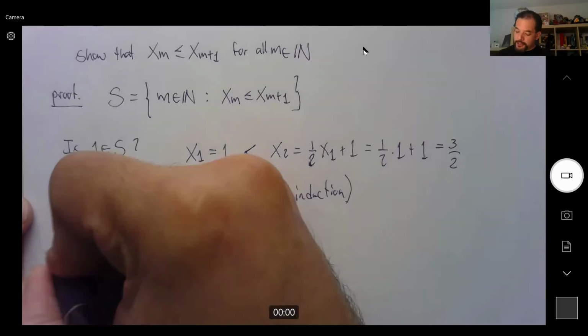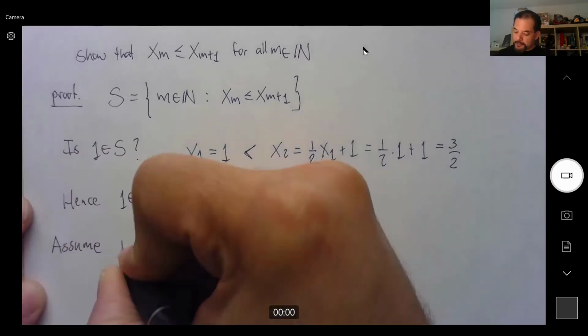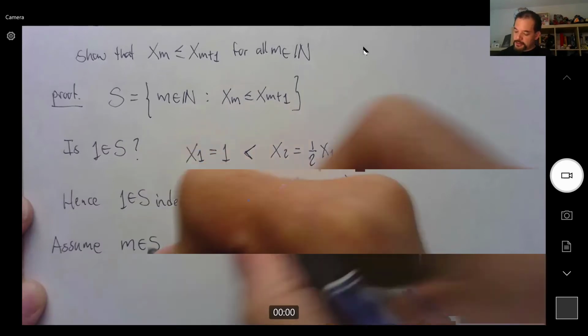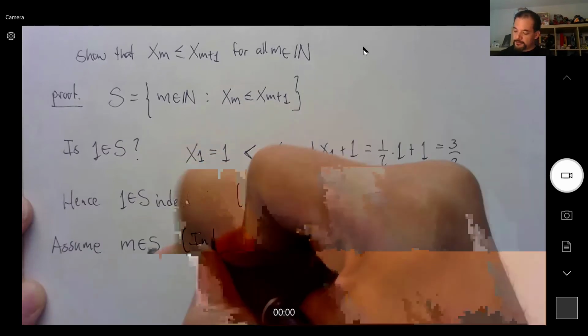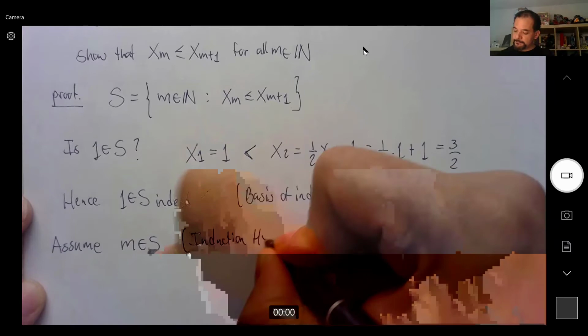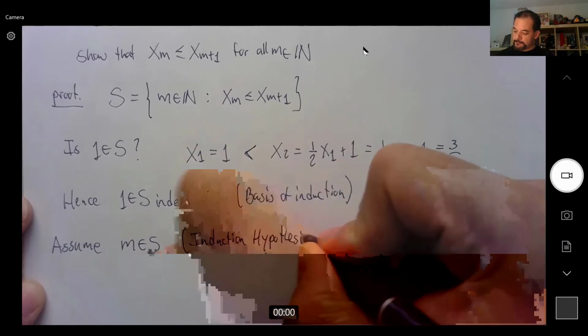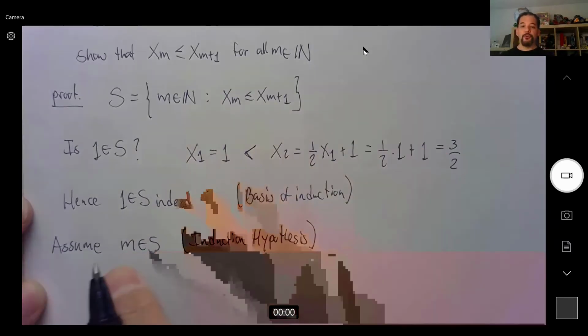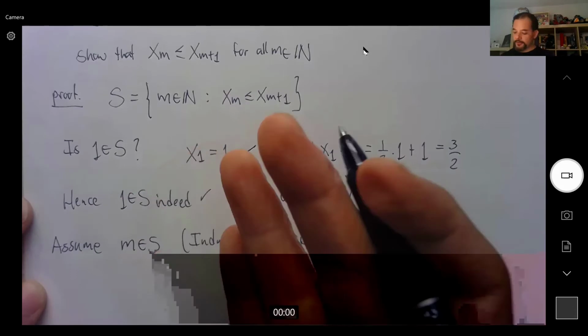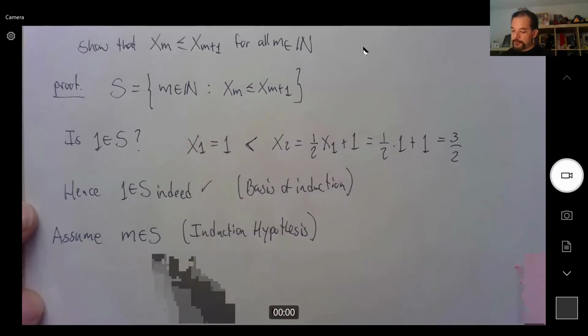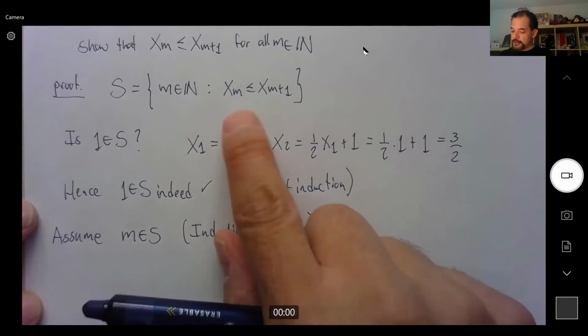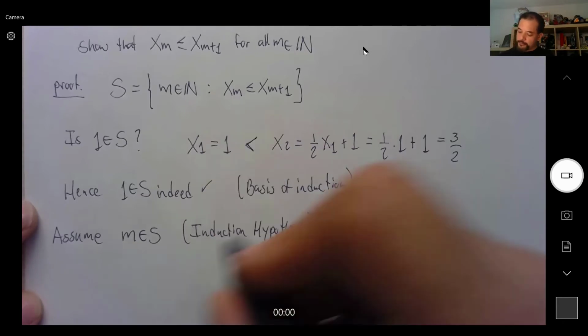So we assume M belongs to S. We call this the induction hypothesis. And then we try to prove that the next one works as well. And how do we do that? Well, the fact that M belongs to S means that xm is less than xm plus 1.